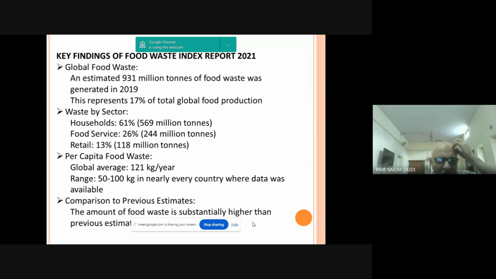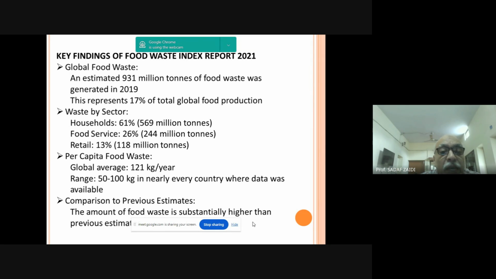So how much are we producing? Somewhere around 5.31 billion tons of food is being produced, and of this 931 million tons of food is being wasted.